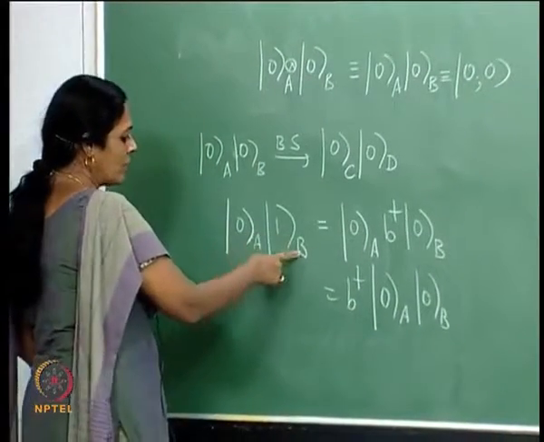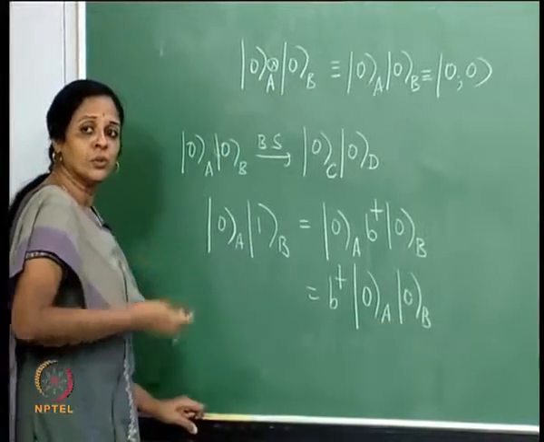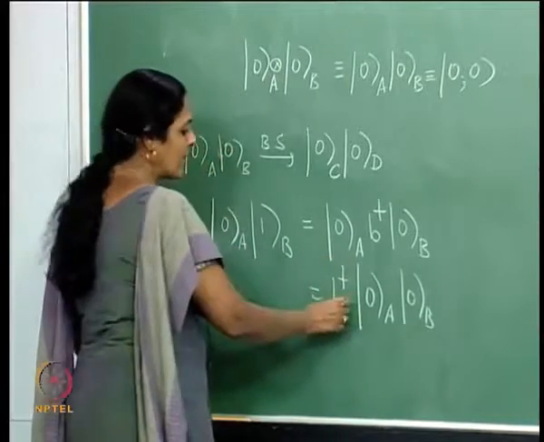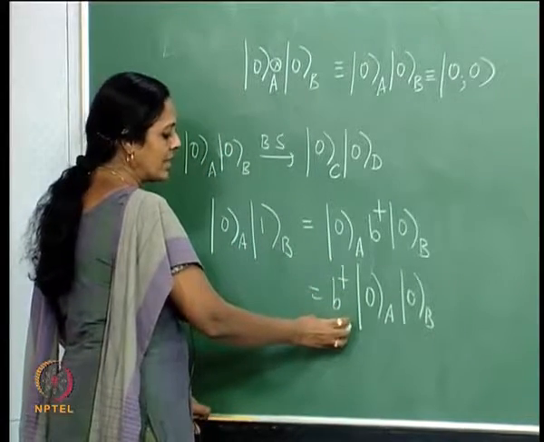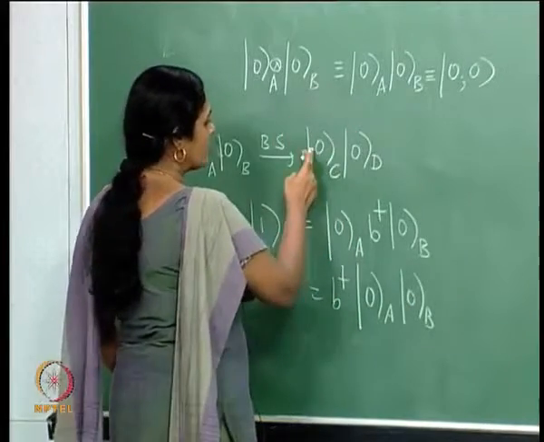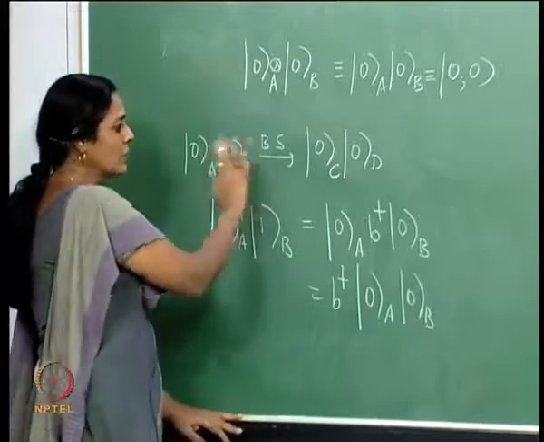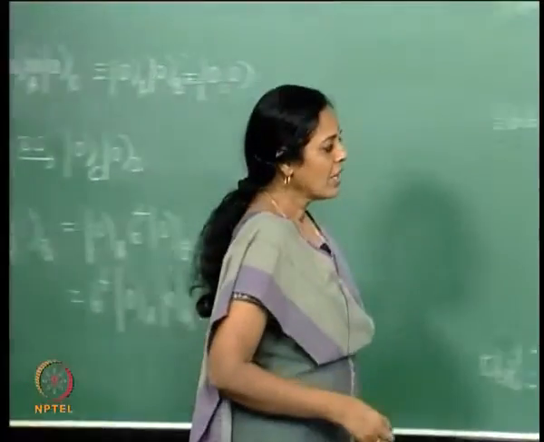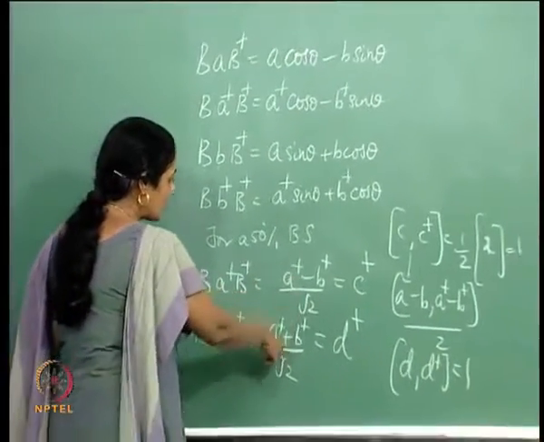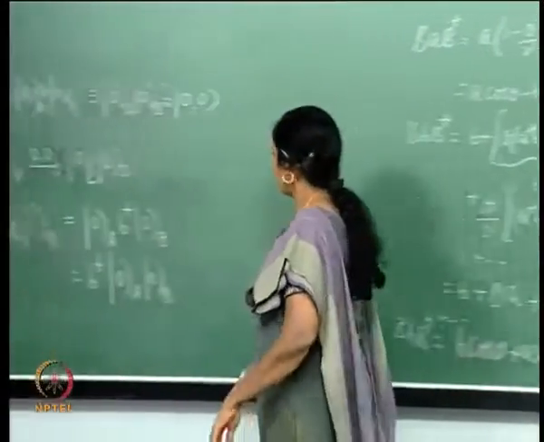So I can well look at this state ket 0A 1B, which I have written in this manner, from the point of view of the output ports, which means I write B dagger in terms of C dagger and D dagger. Of course, ket 0A, ket 0B is identified with ket 0C, ket 0D. That is what happens if you send nothing through the beam splitter. I can solve for B dagger and A dagger from these equations, and then I can put in the expression for B dagger there.